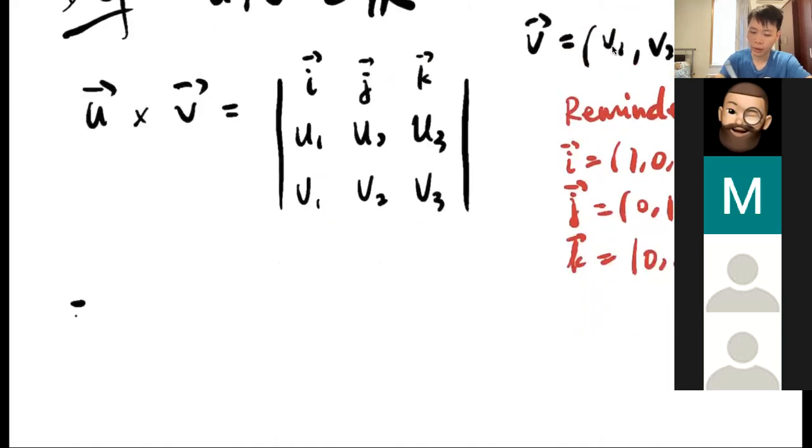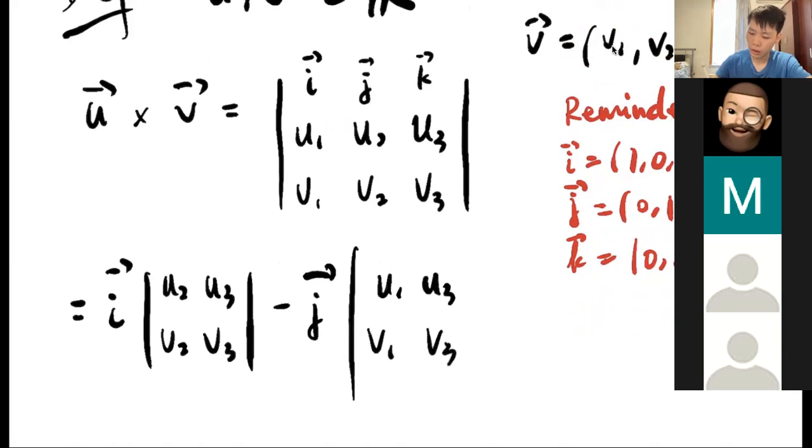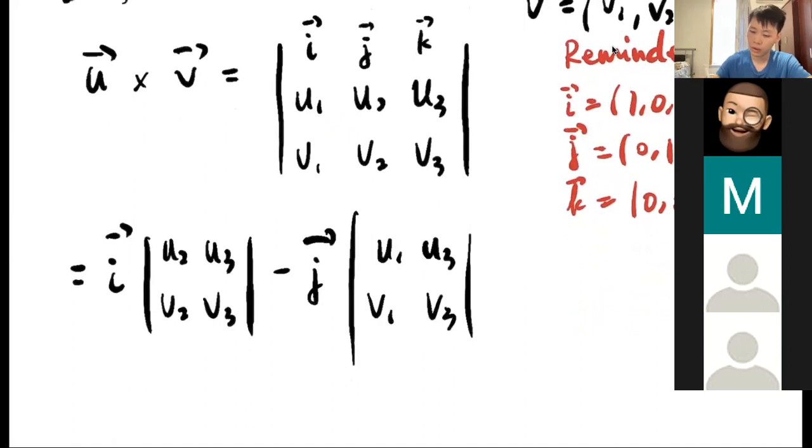You are left with the determinant of u2, u3, v2, v3, minus j times the determinant of u1, u3, v1, v3, plus k times the determinant of u1, u2, v1, v2.